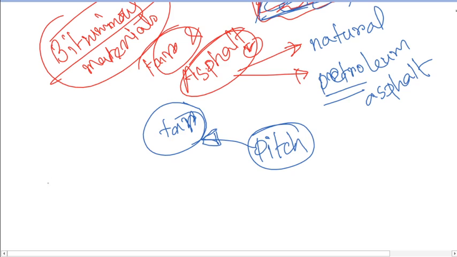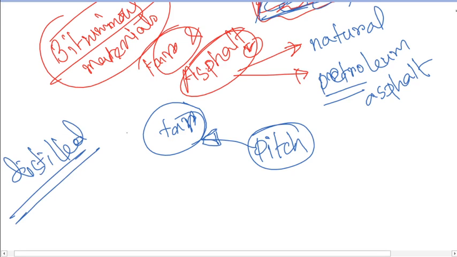I think you have known about distillation by this time. Whenever the tar is distilled so that the volatile constituents have evaporated off from the tar, only the pitch remains. This is called pitch actually. So there are some differences.